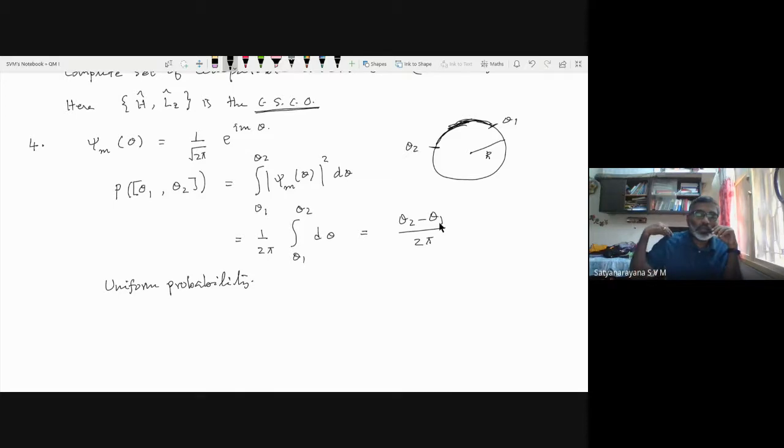So this is called a uniform probability. Now the question is that this is independent, that is, uniformity is independent of moment of inertia, radius of the ring, and so on.